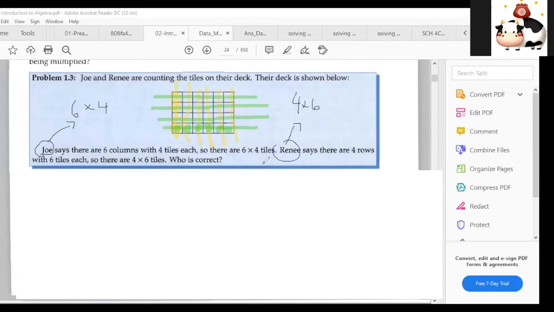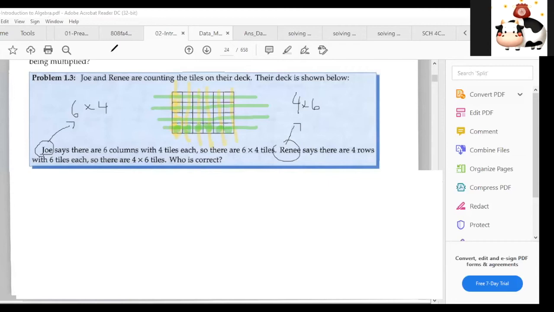Okay, that's right. And so where did we use this before, where the order doesn't matter? We were talking about it with addition, right? When the order doesn't matter in addition, what did we call that property? Who remembers what that property is called? Starts with the C. Commutative property.